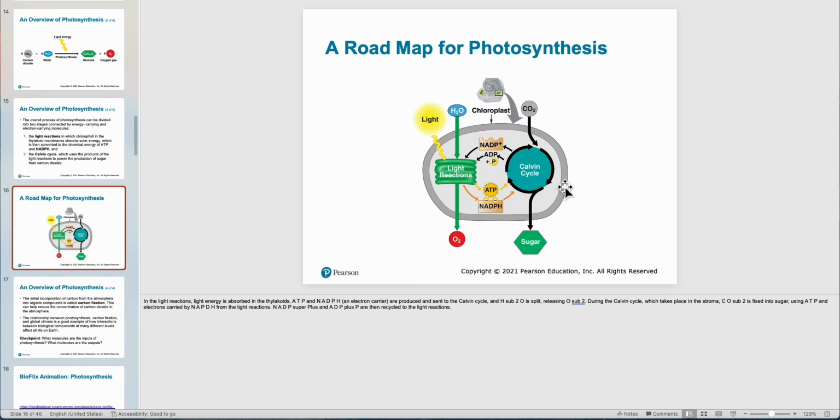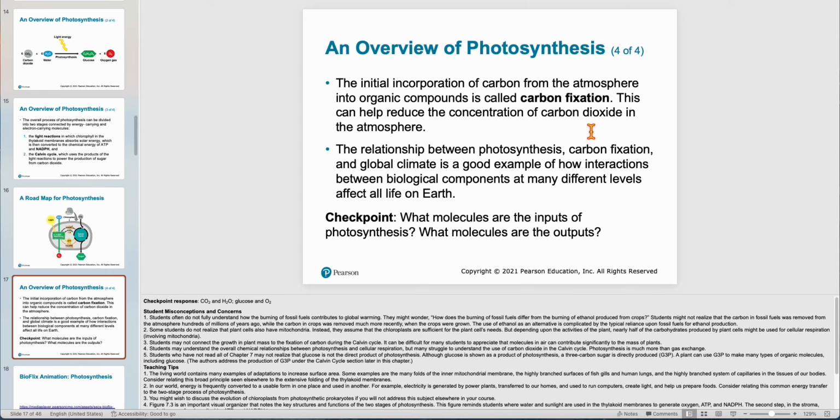Okay, let's move on. Now the process that the Calvin cycle's doing, where it's taking the carbon dioxide and making sugar out of it, that's called carbon fixation. That actually is a good thing for global climate. That's how you get rid of the excess carbon dioxide that's causing global warming. So the more plants that you put on the planet, the greater help it's going to be for getting rid of the carbon dioxide that's causing the global warming to begin with.